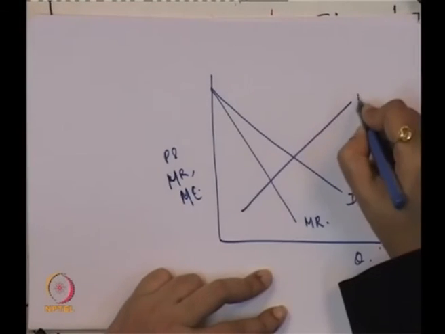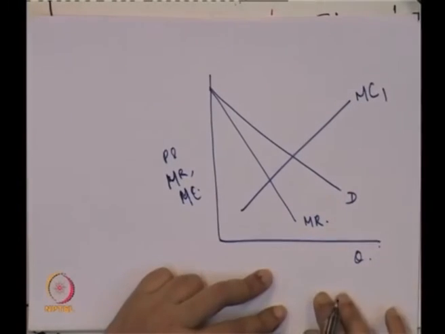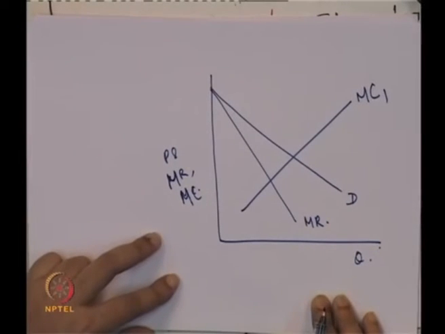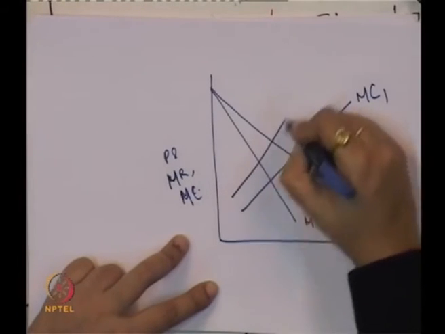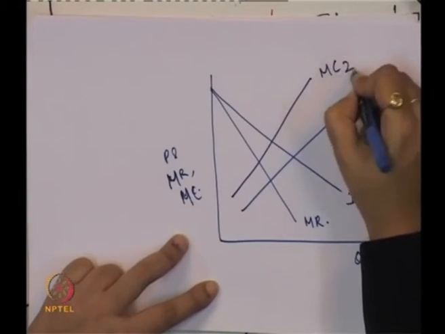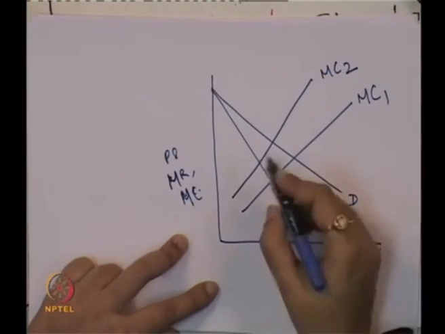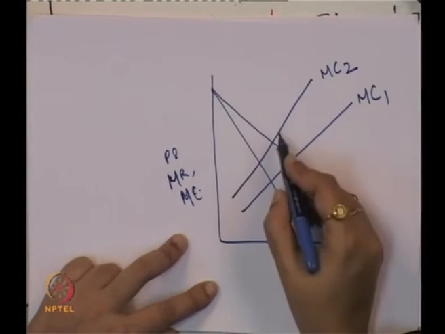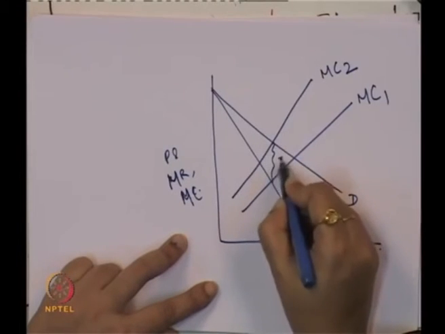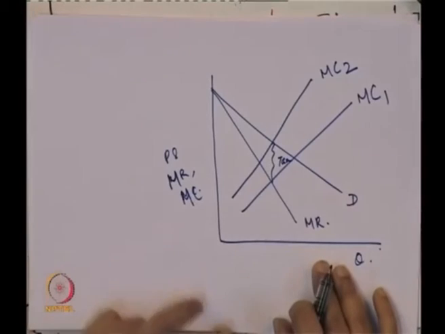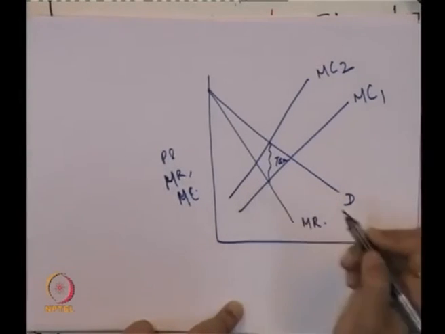So, this is marginal cost curve 1. Now there is an imposition of tax, and imposition of tax will increase the marginal cost curve from MC1 to MC2. Now what is the amount of tax? The amount of tax is this much, and what is the change in the price because of this?